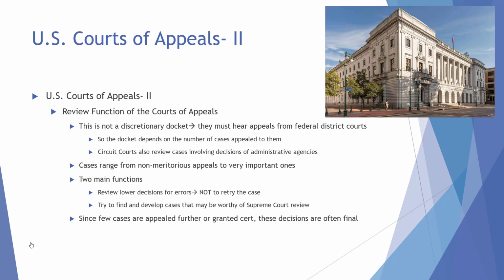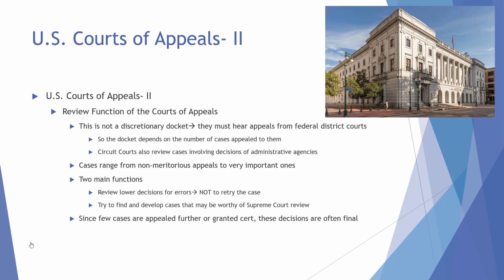There are thousands of cases that the circuit courts hear, many of which are non-meritorious, easily disposed of. The Supreme Court here heard 57 cases last year, meaning that the decision you get from your circuit court 3-judge panel probably is going to be the final decision.